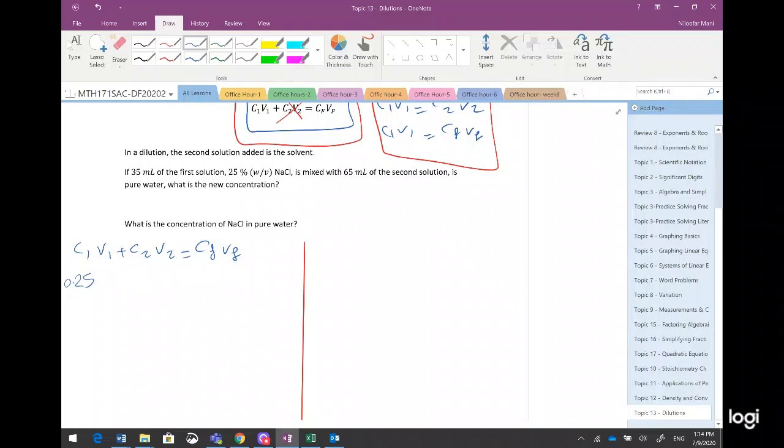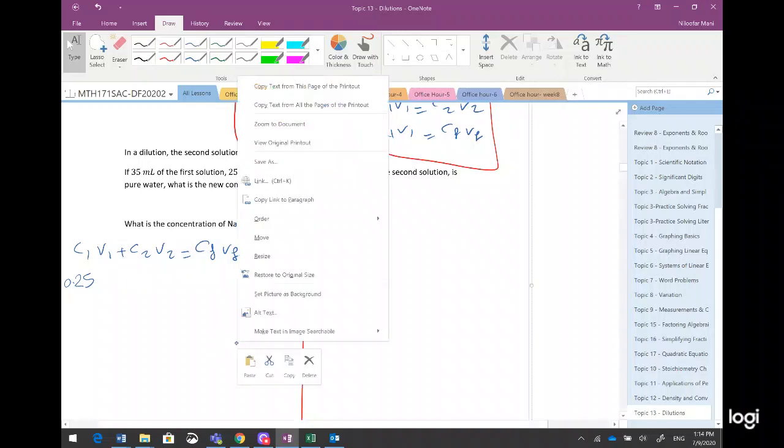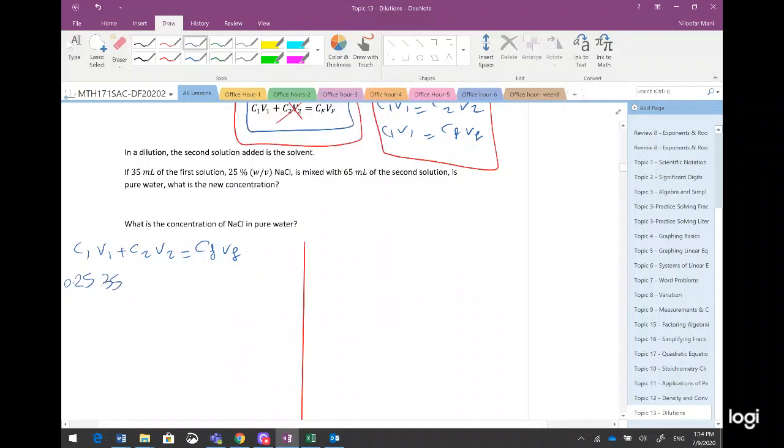So 0.25 multiplied by 35, plus 0 multiplied by 65 milliliter, because that's water, no concentration, pure. And then I have C final multiplied by 100, because I have to do 35 plus 65 milliliter.